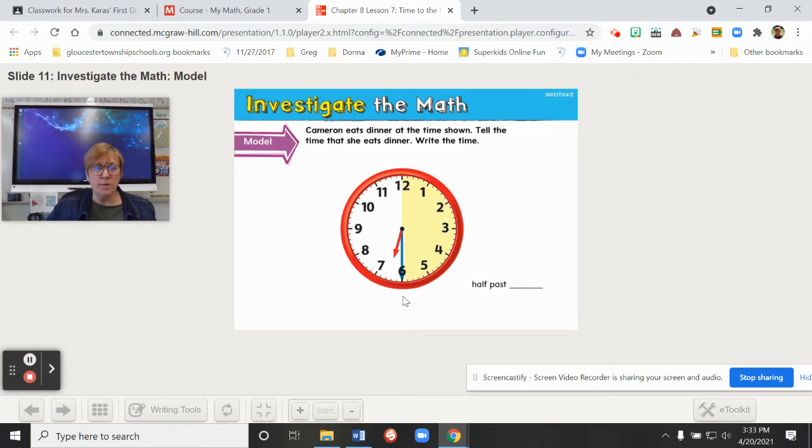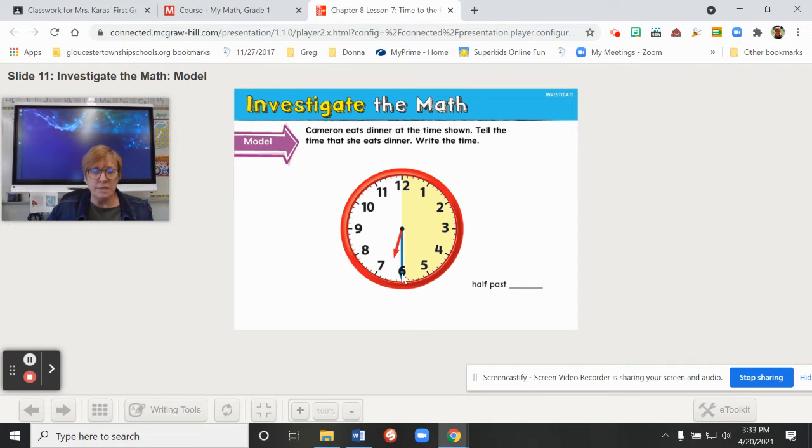Now, this is something we are going to have to work on. Before the minute hand moved to the 6, it was on the 12, okay, which meant this hour hand was already over here on the 6. Remember how I showed you that as the minute hand slowly makes its way around a clock, little by little, that hour hand moves off of the 6.